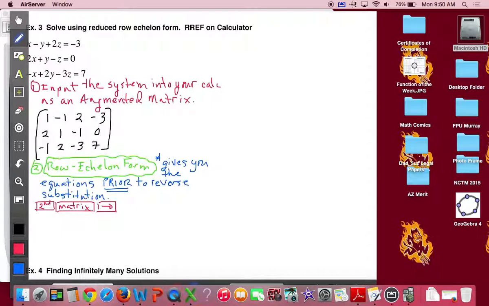So within the matrix menu, you're going to scroll over using your arrow key to the math menu. And then from there, you're going to scroll down to REF. And then you're going to do second matrix again.